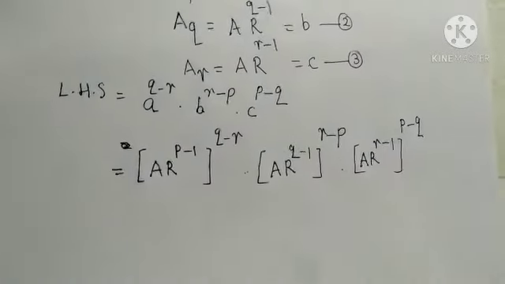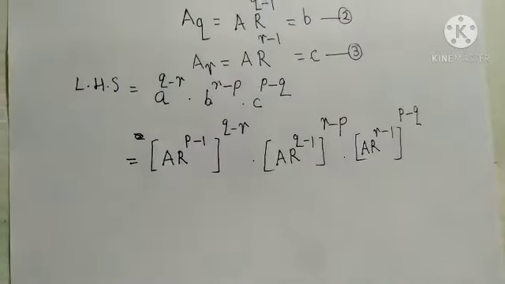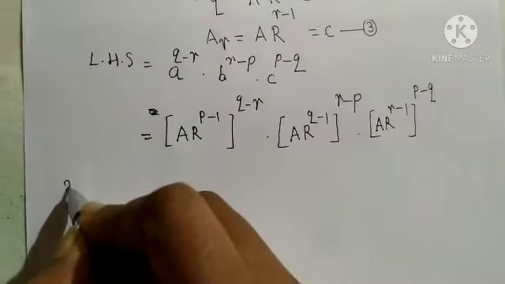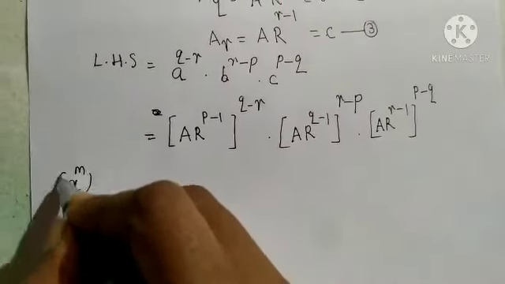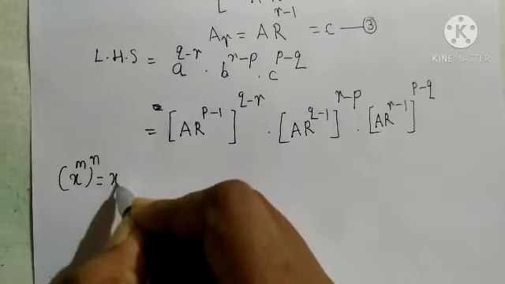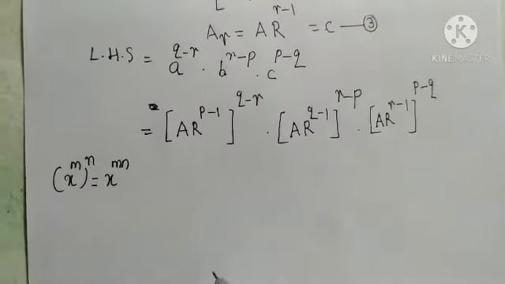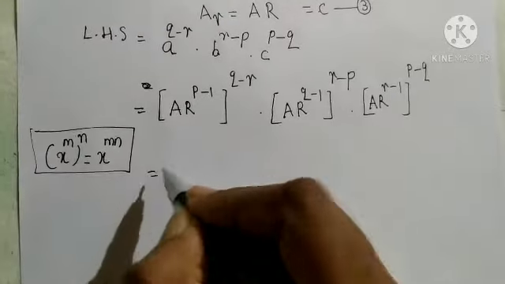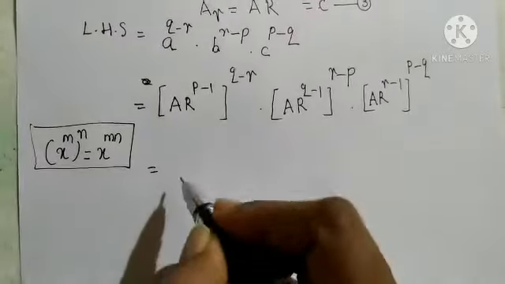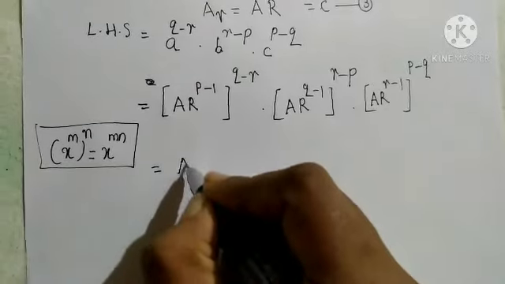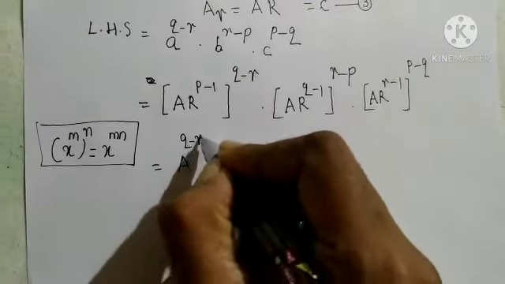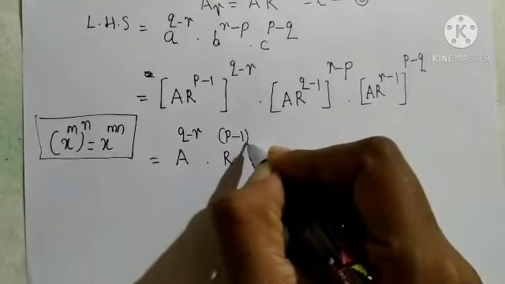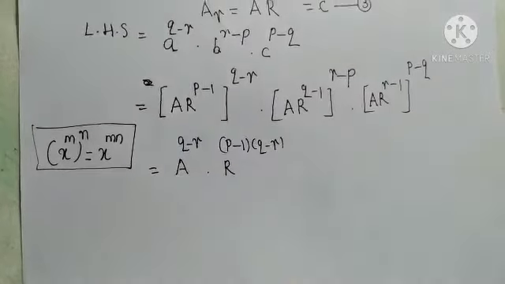Okay, so using the law of exponent, we know that x raised to m, whole raised to n, is equal to x raised to mn. Using this law of exponent, I'm going to write this term as A raised to q minus r into R raised to p minus 1 into q minus r.